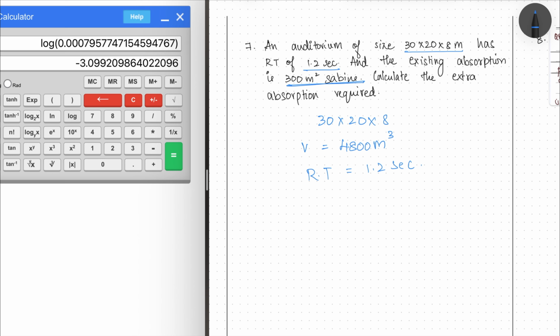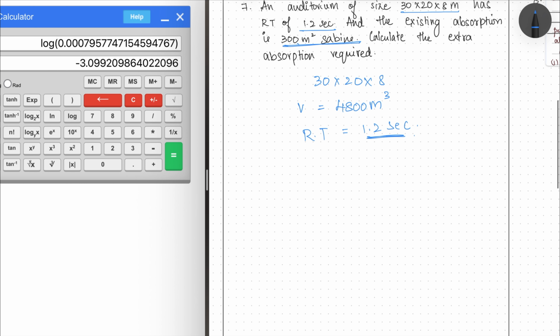So what do you do? You put your RT, find the value, subtract this 300 from it, and you'll know how much extra absorption is required. So let's do this.